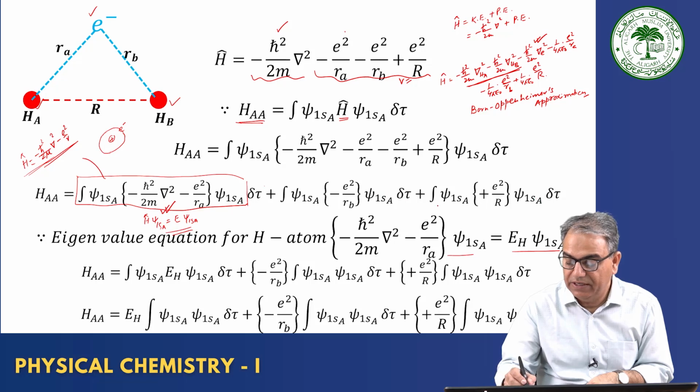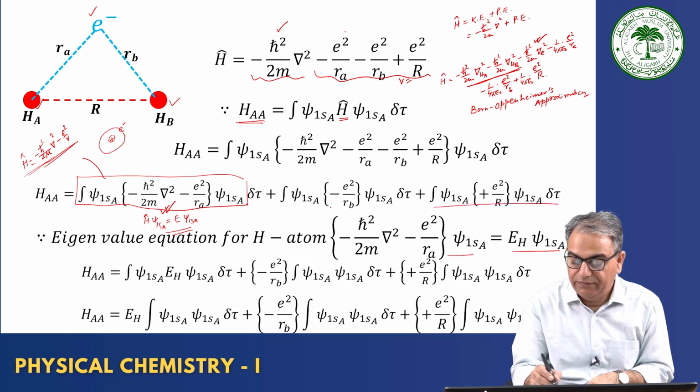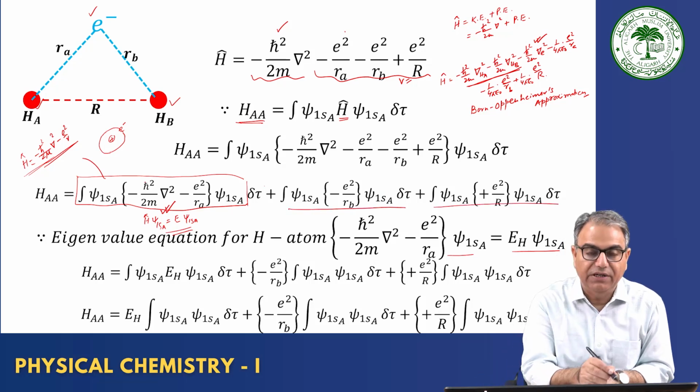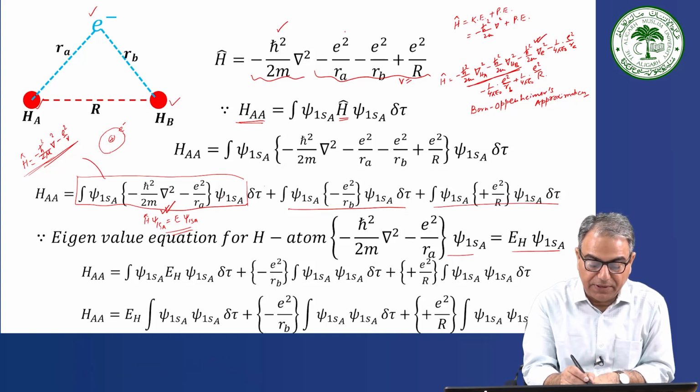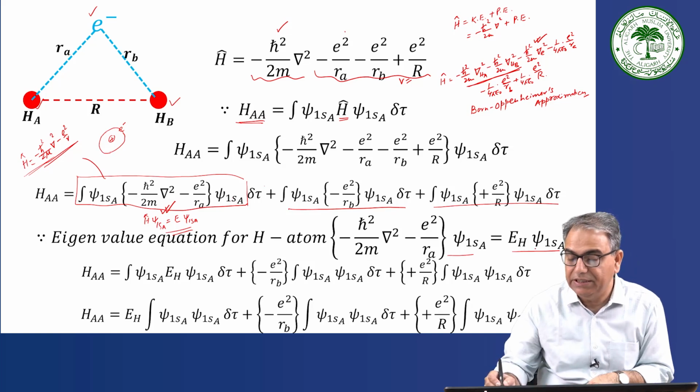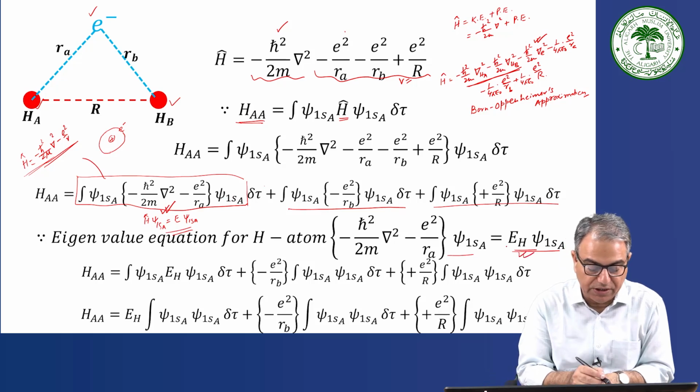In this integral, the Hamiltonian acting on psi 1sA could be written as E_H psi 1sA, because the eigenvalue equation is this one.